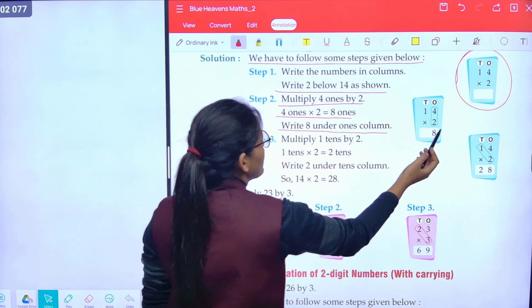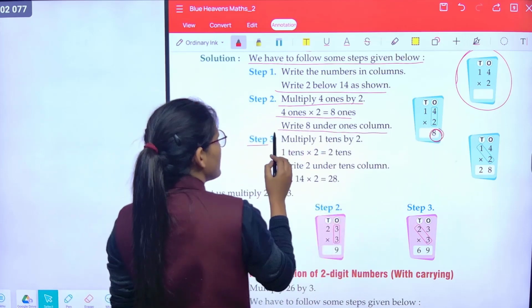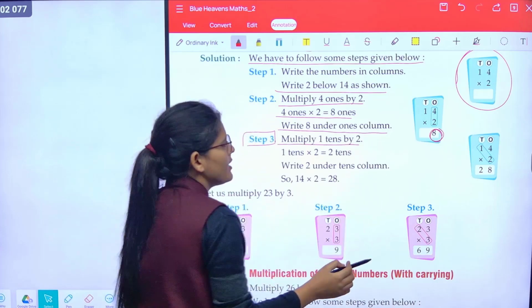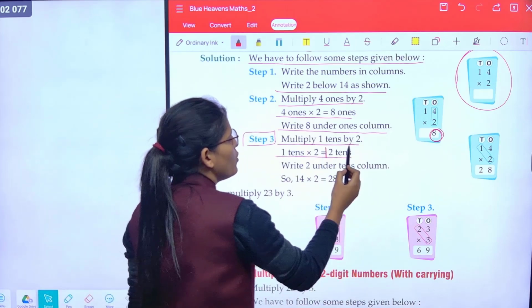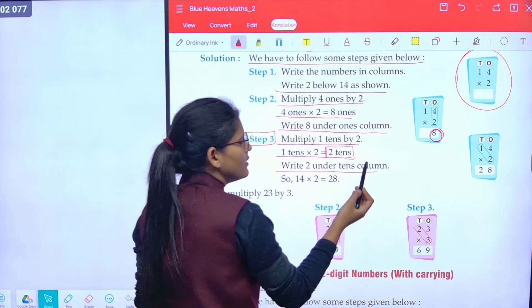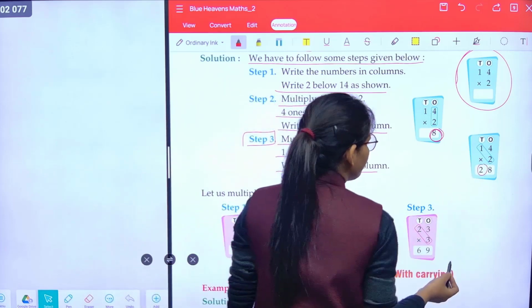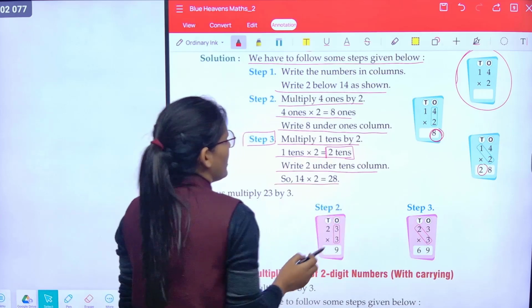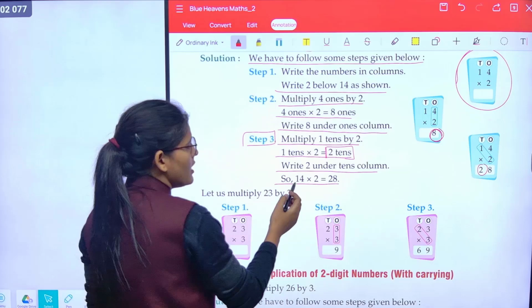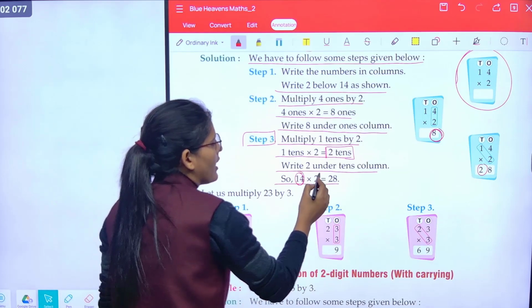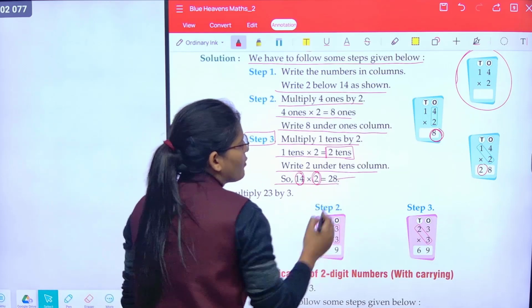Write 8 under the ones column. Now step 3. Multiply 1 tens by 2, which is 2 tens. Write 2 under the tens column. Now 14 multiplied by 2 is equal to 28. The product is 28. Now see class, this is the multiplier, this is the multiplicand and this is the product.